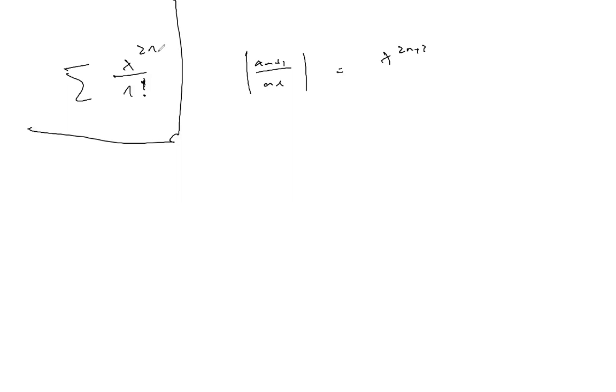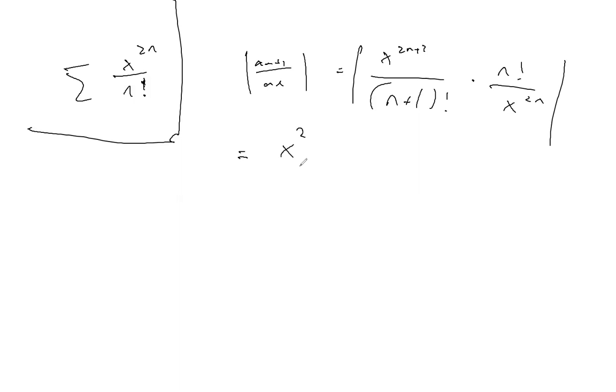When I replace n with n plus 1, the exponent, I distribute it, becomes x to the 2n plus 2. Okay, then I have n plus 1 factorial on the bottom. Okay, simplifying this, I get, let's see, x squared, right, times 1 over n plus 1.